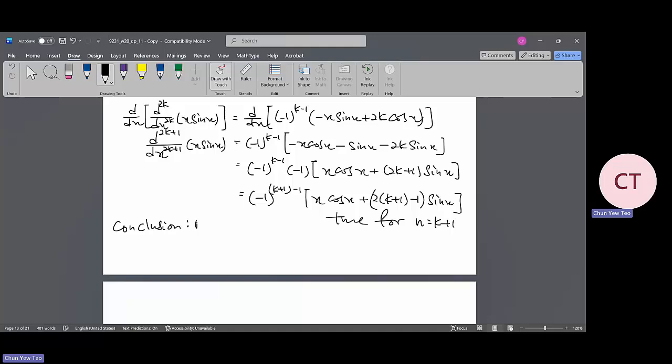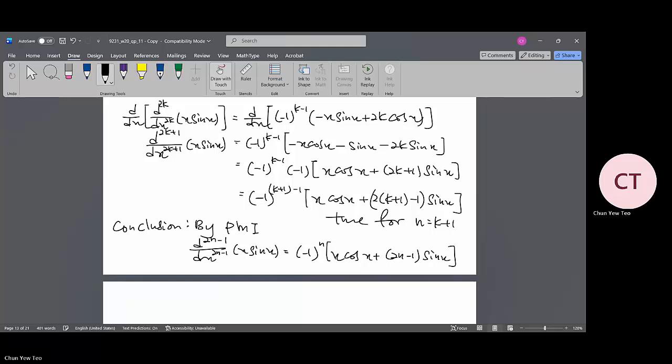By the PMI, the d power 2n minus 1 over the dx power 2n minus 1 of x sine x can be expressed as negative 1 power n, x cos x plus the 2n minus 1 sine x. Done. This is the answer for question number 5.